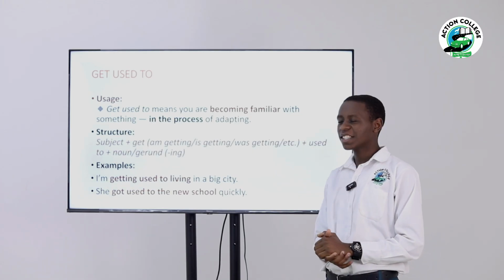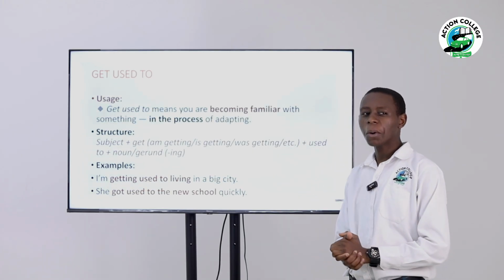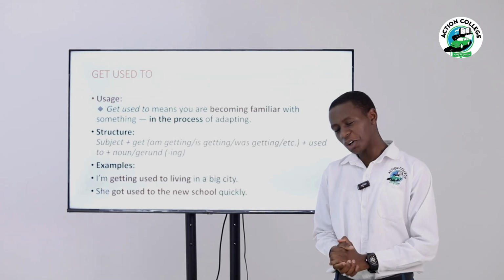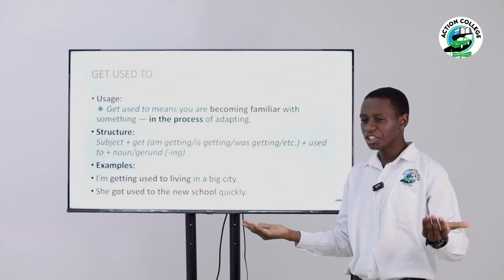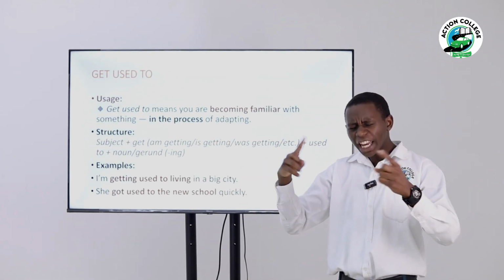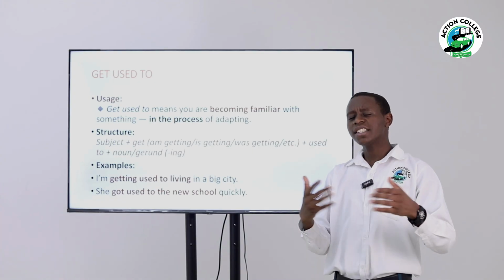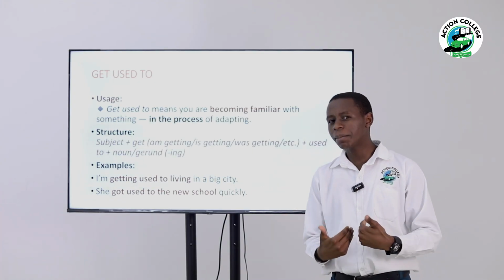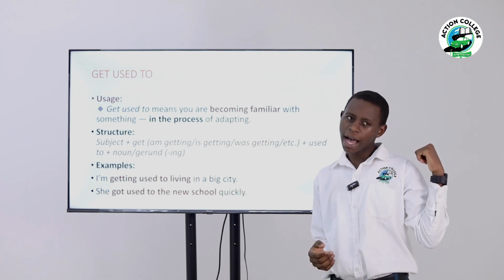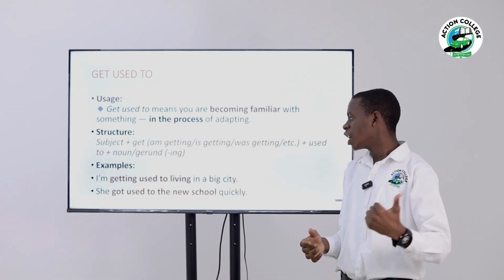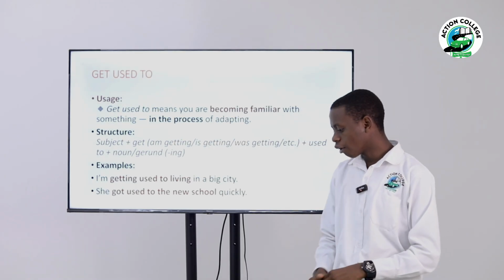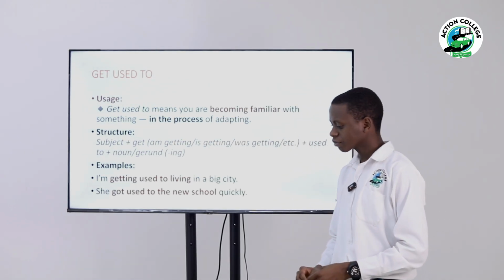Maybe you're talking about the testimony of someone, how he got used to school. When you are going to a new school, like a boarding school, maybe hostels, maybe anywhere else, you think that it's not easy to become familiar with it. You can say this when you're showing your experience of the past. I got used to the new school, meaning that it is the past. So I hope now, of course, you are going to use it.